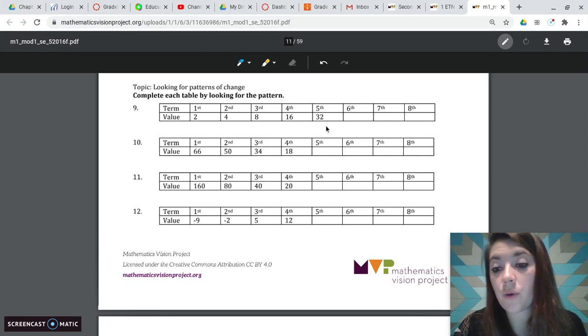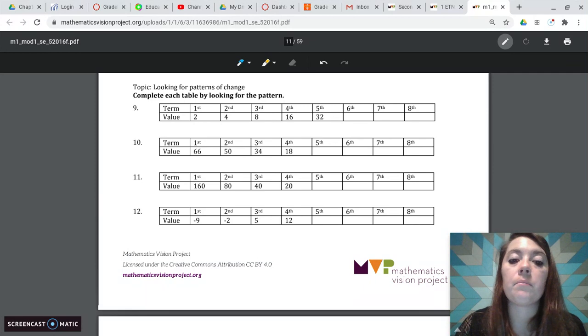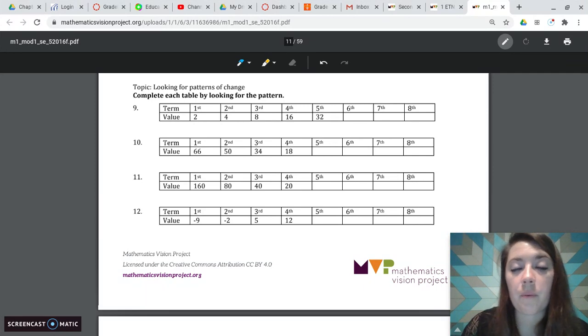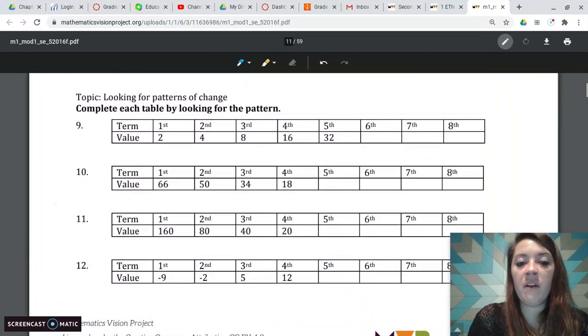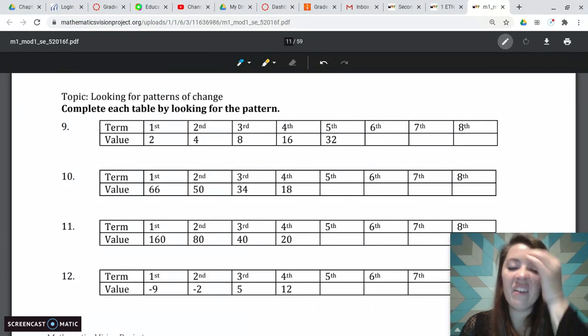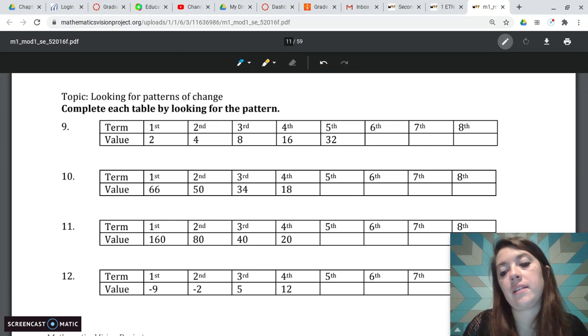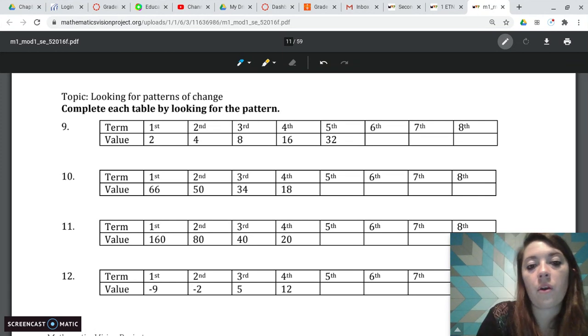So that means we also aren't dividing. We're multiplying by a fraction. Remember, we want to think of it like that. And so that means we are multiplying each time. Now, what are we multiplying each time by to get from 2 to 4, 4 to 8, 8 to 16, and so on and so forth?